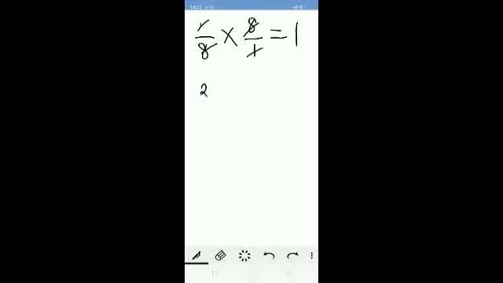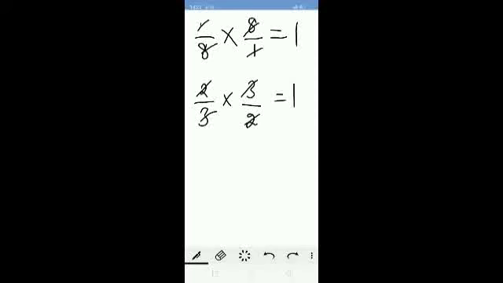And now 2 by 3. What number do I have to consider here to get the answer as 1? The reciprocal of 2 by 3 is nothing but 3 divided by 2. Then only can we cross out 2, 2 and 3, 3, and get the answer as 1.